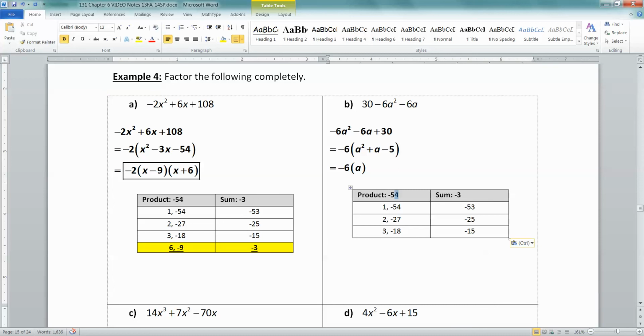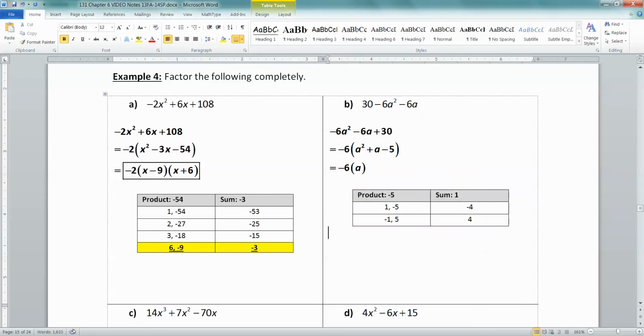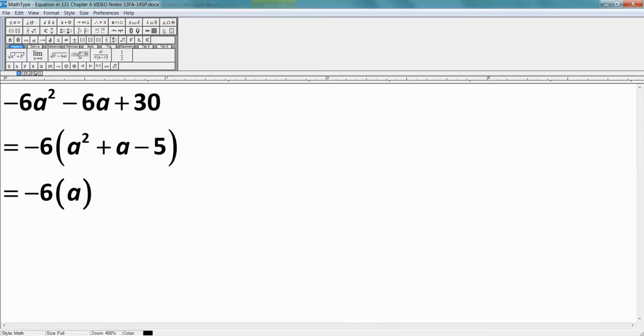All right, let's see. We need to multiply to -5, but we need to add up to +1. Well, 5 is prime, so it's either 1 and -5, which makes -4, or it's -1 and +5, which makes +4. That's it. That's all you're going to get out of 5. Okay, so from this point on, we can't go any further, but the problem itself isn't prime. This part of it is prime, because it can't factor.